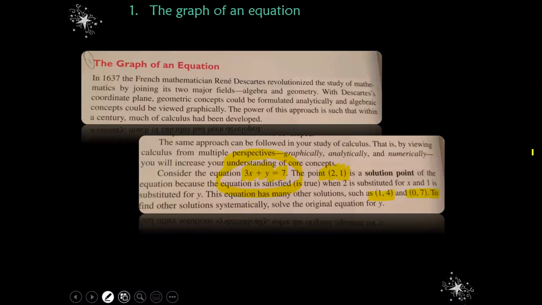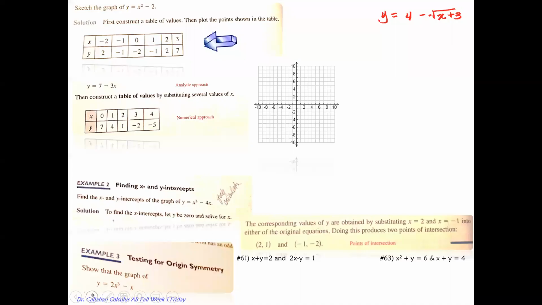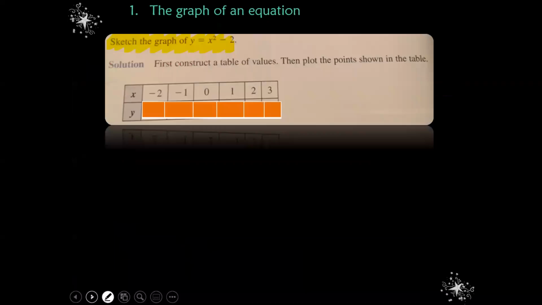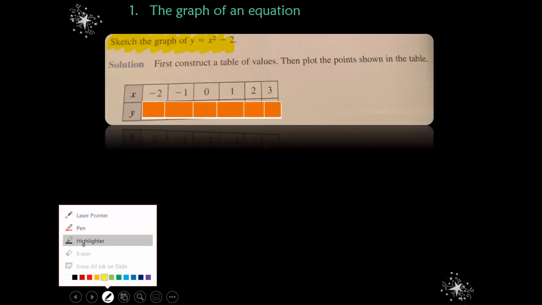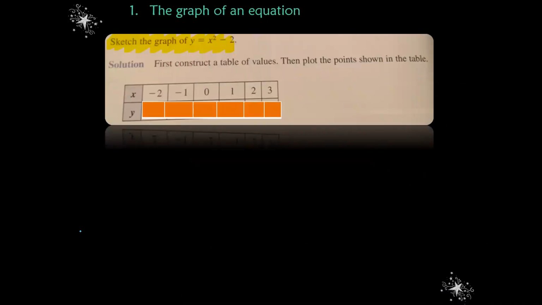All right, so we're going to start off right there where that little arrow is pointing, so you guys can see where it is. Okay, so looking at this right here, it says graph y equals x squared minus 2. And it says construct the table. So it's going to be pretty simple.